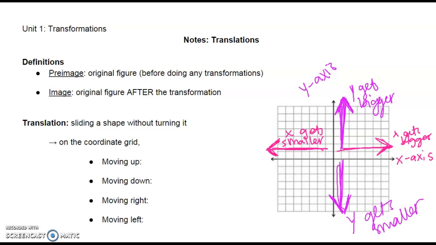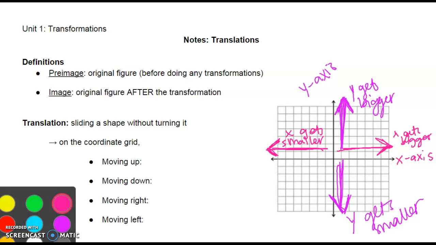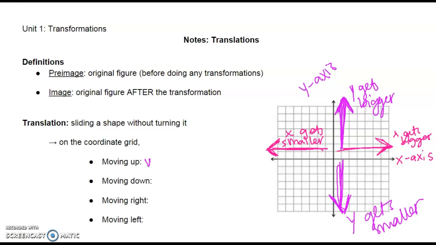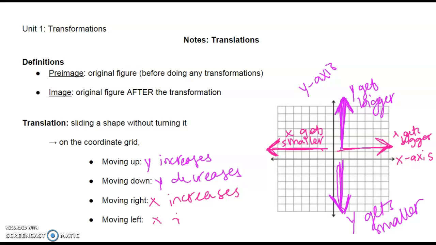Okay? So when I move up, my y value increases. When I move down, my y value decreases. When I move to the right, my x value increases. And when I move to the left, my x value decreases.